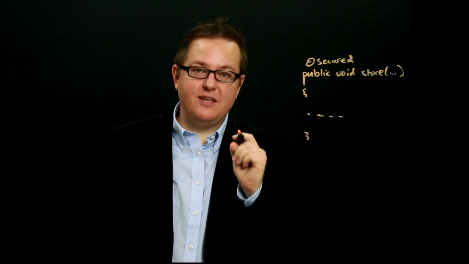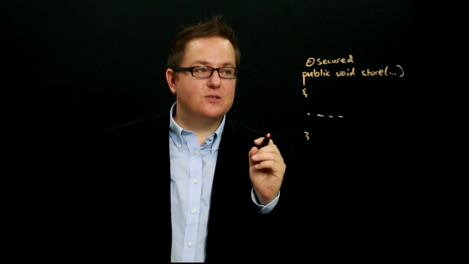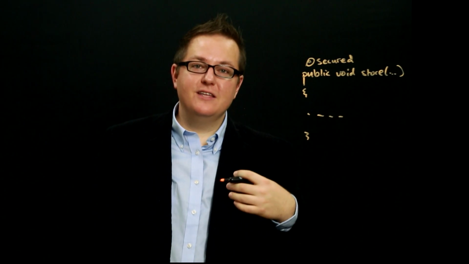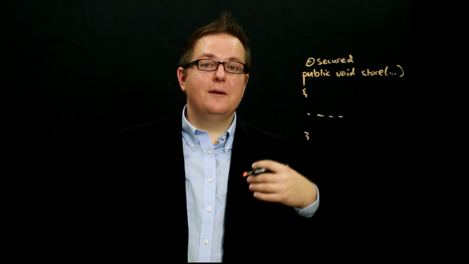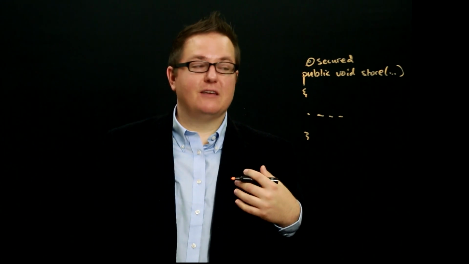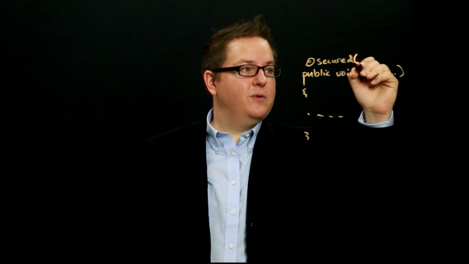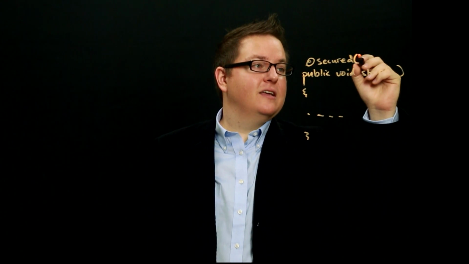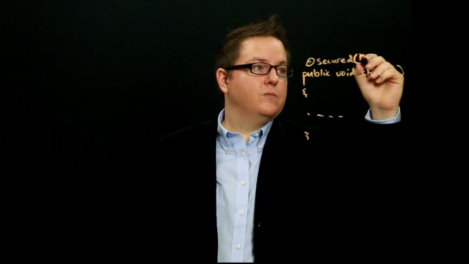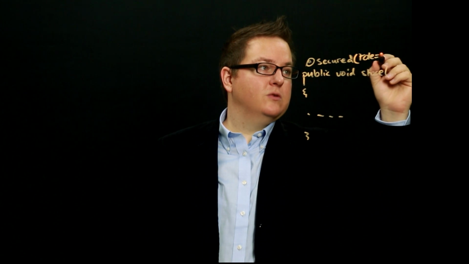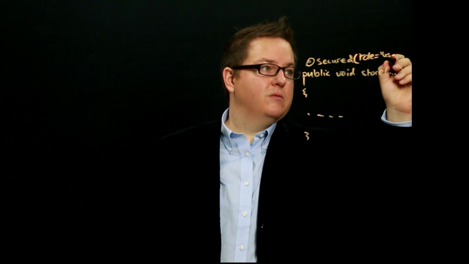The other thing that we can do is we can add parameters that are essentially passed into the annotation, you can think of. But really what that means is they're like attributes of the annotation. So for example, we could have an annotation that looked like role equals user.